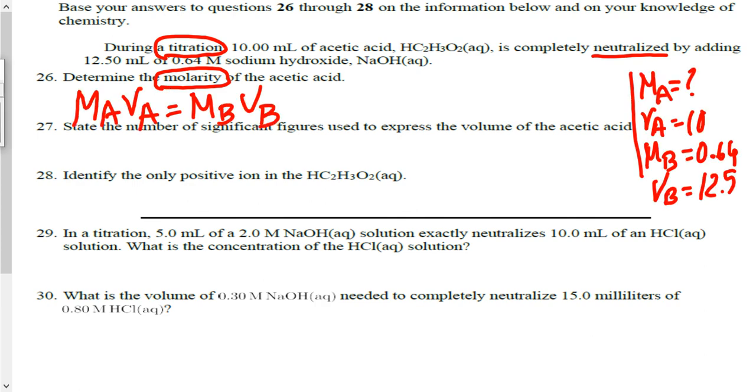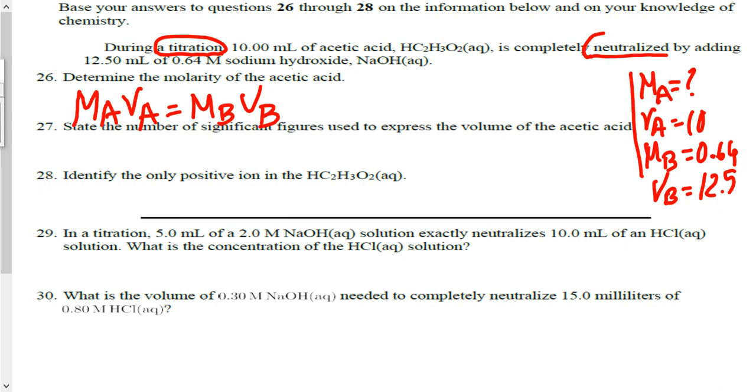So for questions like 26, I would highly recommend that if you see both words, titration and molarity, focus on the word titration and use that titration formula, right? So focus more on the word titration so that you are not using the formula of moles of solute over liters of solution.